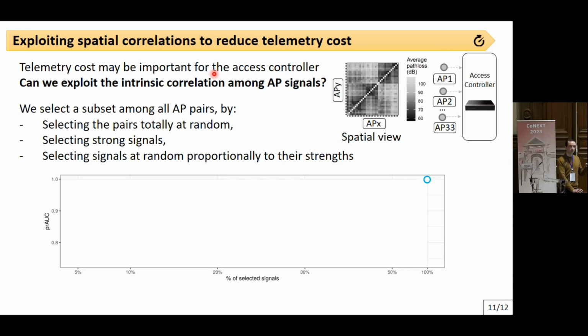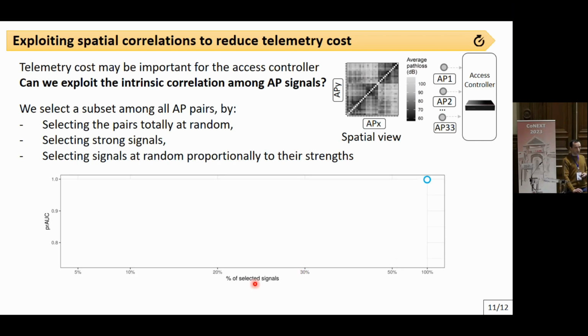And this number actually scales quadratically, because there are more and more pairs as a function of the number of access points. But if we remember before, there is also this strong correlation between close access points. So here we were wondering whether we can exploit the intrinsic correlation among those access point signals. And the answer is yes.